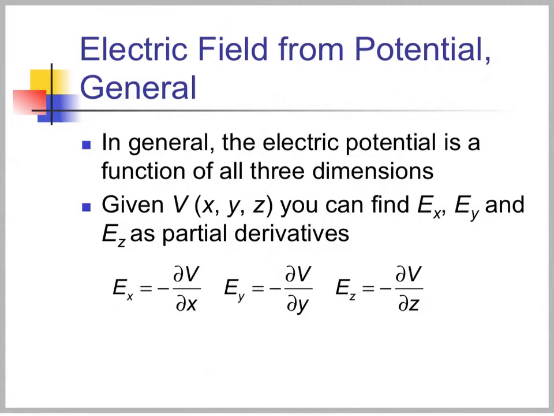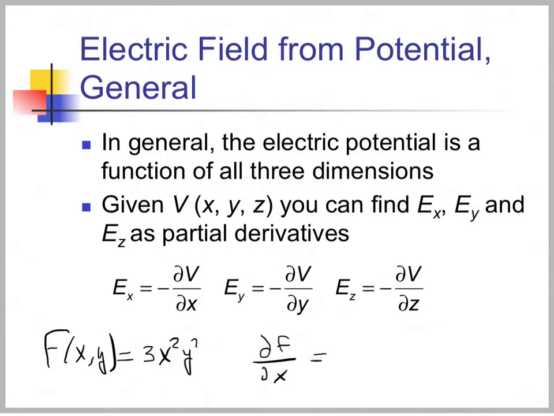A partial derivative just means that you treat all variables as constants except for the one that you're really interested in. So for example, say I had a function of both x and y. Let's say it's 3x squared y squared. The partial derivative of f with respect to x is going to be 6x y squared. I treated y just like it was any other constant and just took the derivative with respect to x.